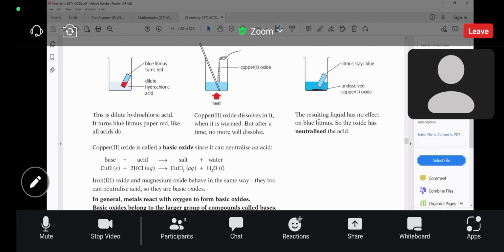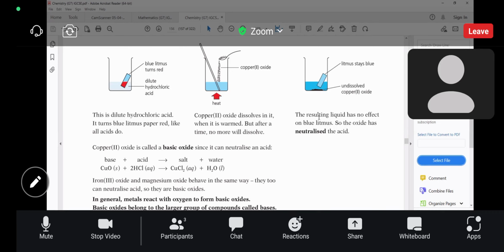This copper chloride will be formed. But you see, copper oxide is what? Base. Why? Because it's a metallic oxide. Metal oxides are base. And HCl is acid.